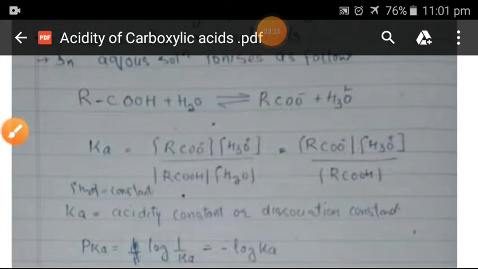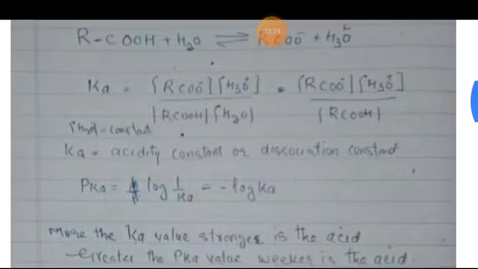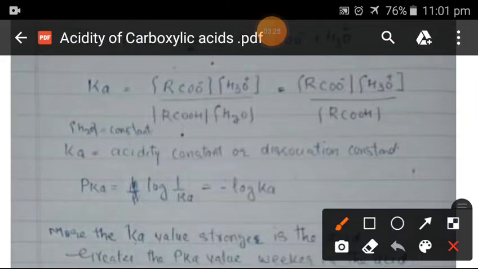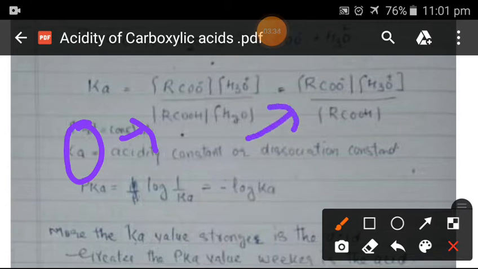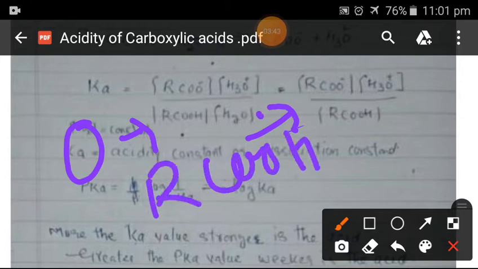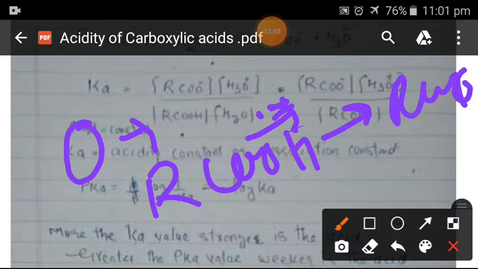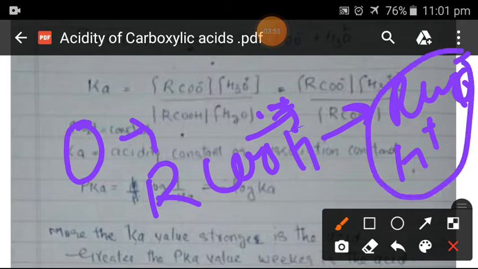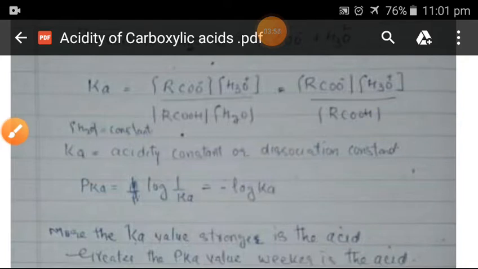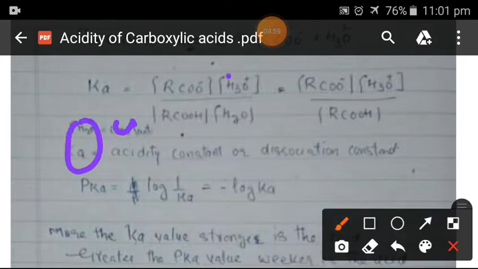By comparing the values for these carboxylic acids, we have seen that when the dissociation constant of the acid is more, its acidity is more. It means that it undergoes ionization faster: more of the carboxylic acid ionizes to form RCOO negative and H positive. So more carboxylate anion and proton are released in the solution. If the dissociation constant is more, the acidic strength will be more.